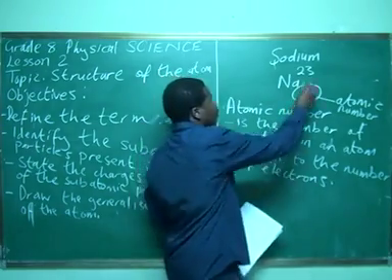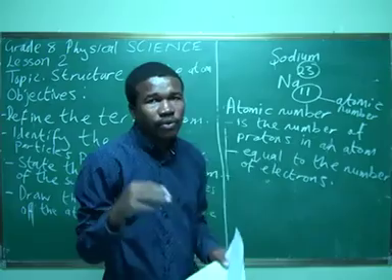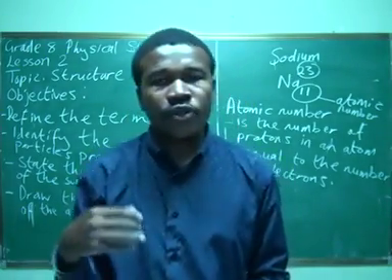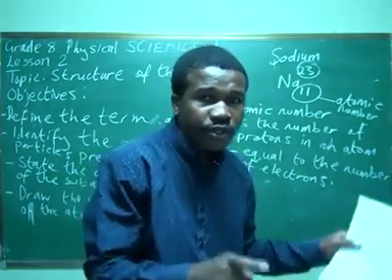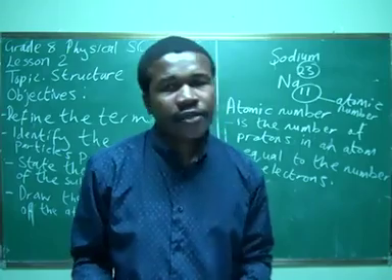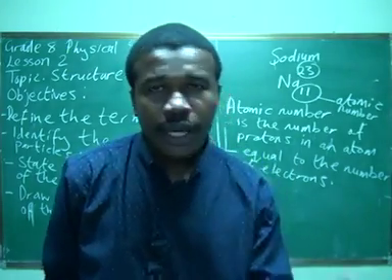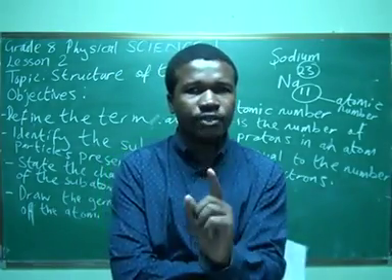Then we have the number on top. The number 23 is what we call the mass number, or the nucleon number. This number shows us the number of protons and neutrons, the combined mass of the neutrons and protons in the nucleus of the atom.